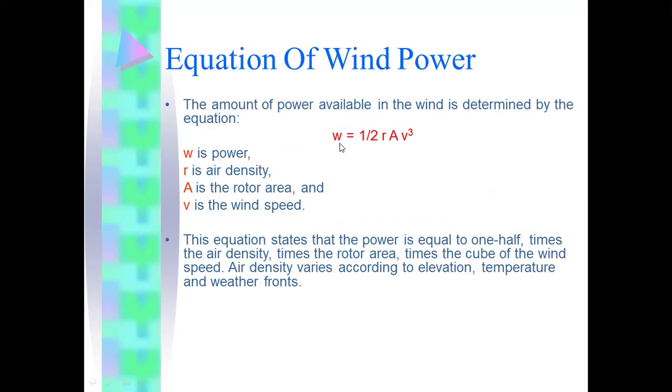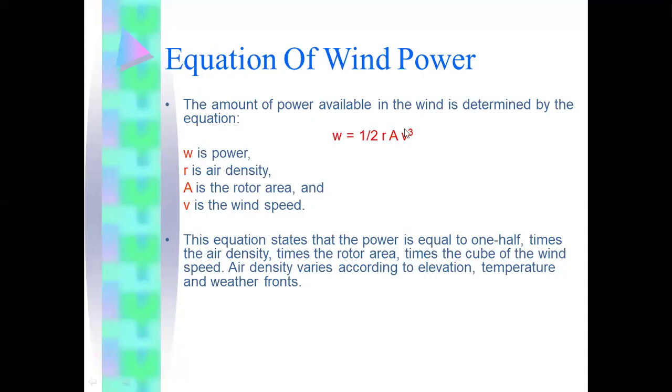W is the power which is produced, and R is the density of the air. As at different regions the air density is different, its factor is included in this equation. And A is the area of the rotor, and V is the wind speed or wind velocity.